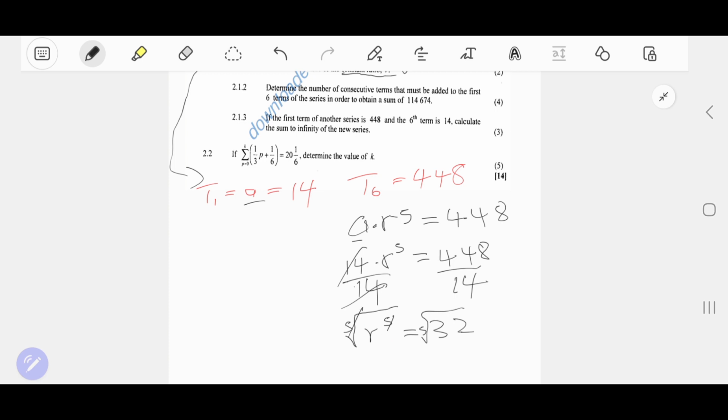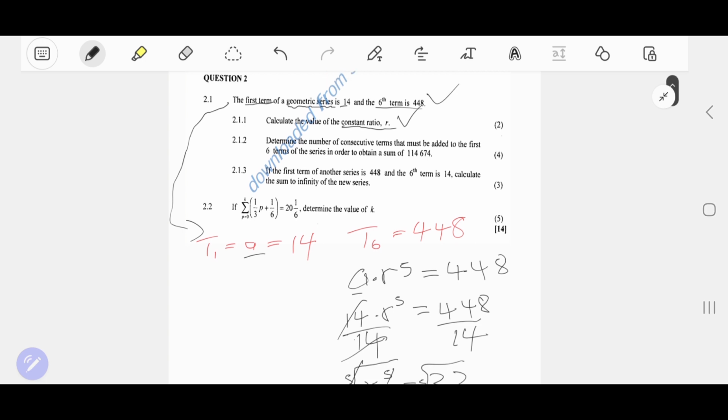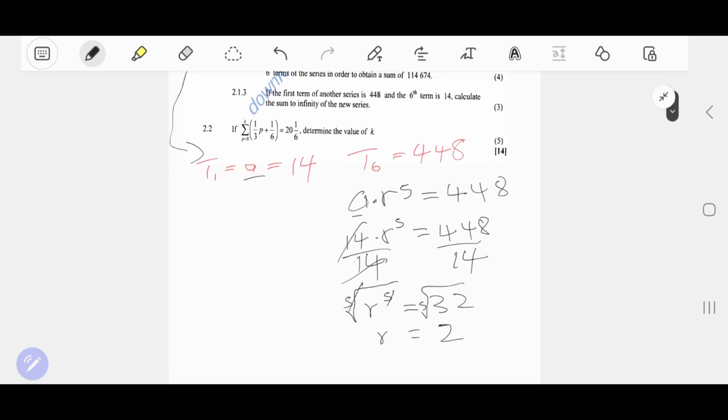This is going to cancel out, and then your R is going to be 2. I hope, people, you follow. So going on, we're done with this question. Your 2 marks will maybe be for whatever you did here, and I don't know yet how the memo stands, but this might be the possible way of them marking you.